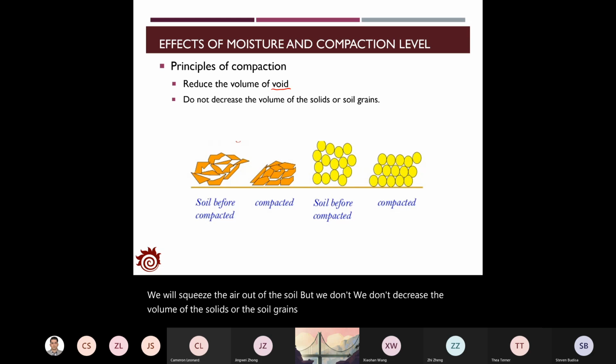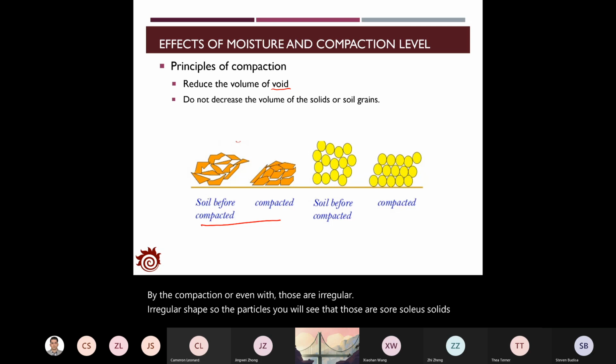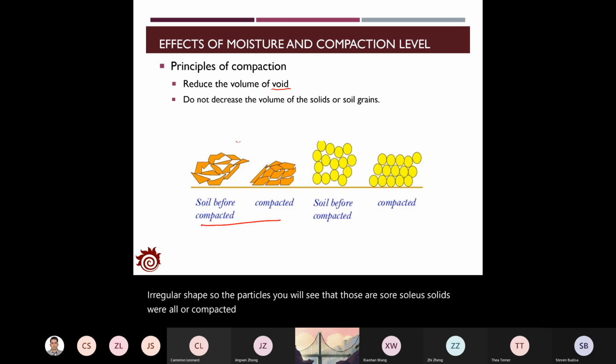In the figure on the left, you can see that by compaction, even with those irregular particle shapes, the solids are compacted together, and the space in between, the air voids, will be reduced dramatically.